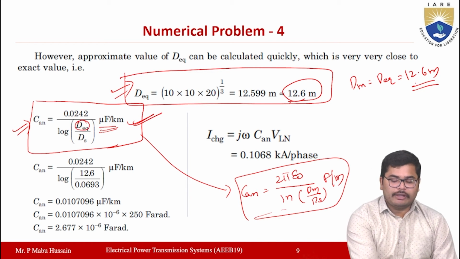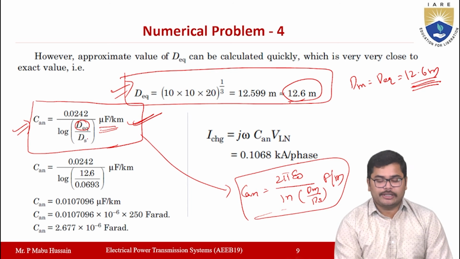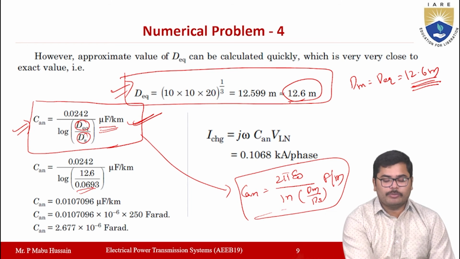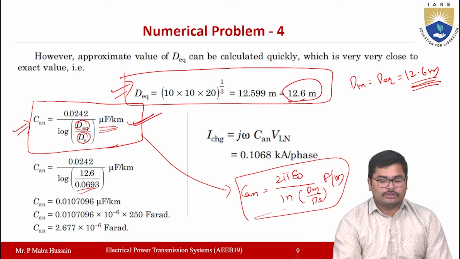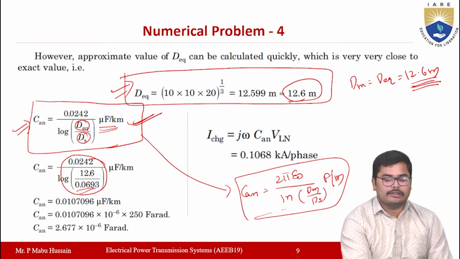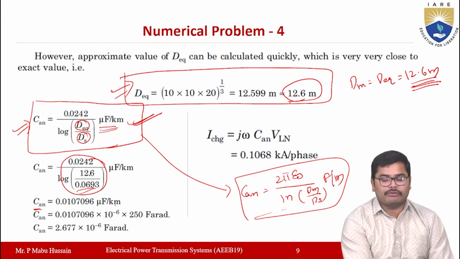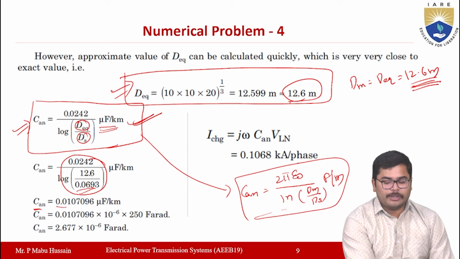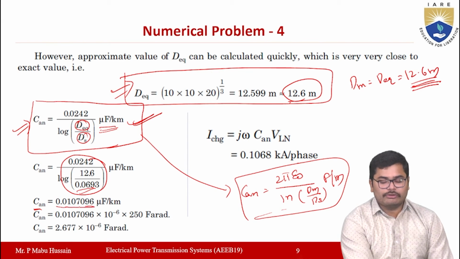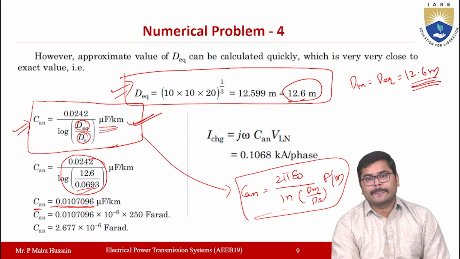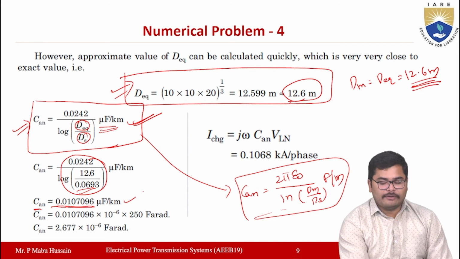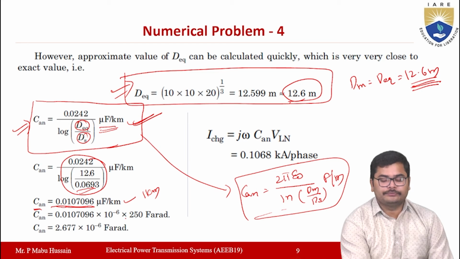So now here D equivalent is nothing but 12.6 meters and Ds is nothing but 0.0693. You substitute the values and calculate the total value. Then you will get the C_an in terms of microfarads per kilometer as 0.0107096. Okay, so this is the value for 1 kilometer.